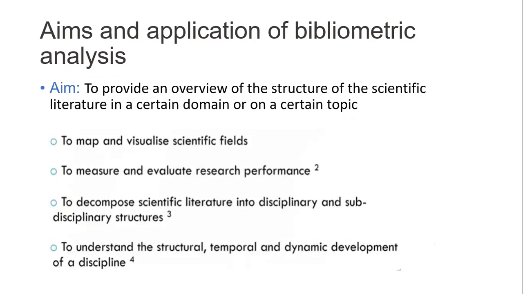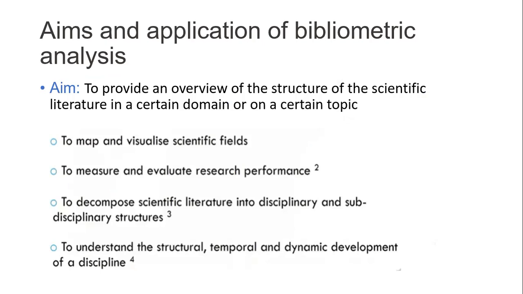The reason why we do a bibliometric analysis is to get an overview of the structure of the scientific literature in a certain domain or research field. Or we can simply understand that as doing the literature review.